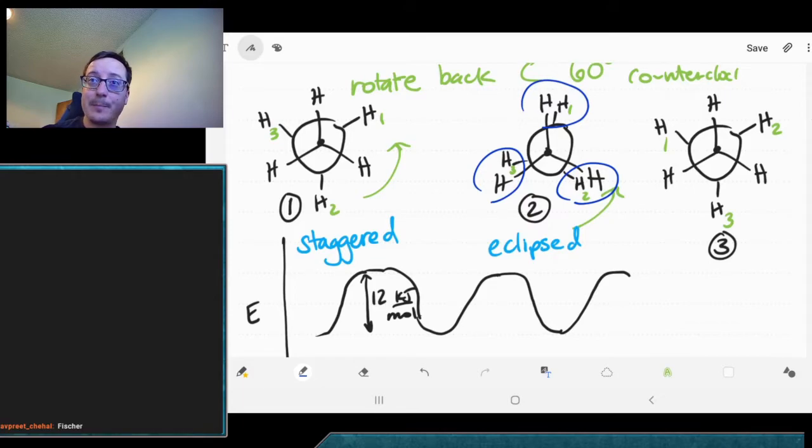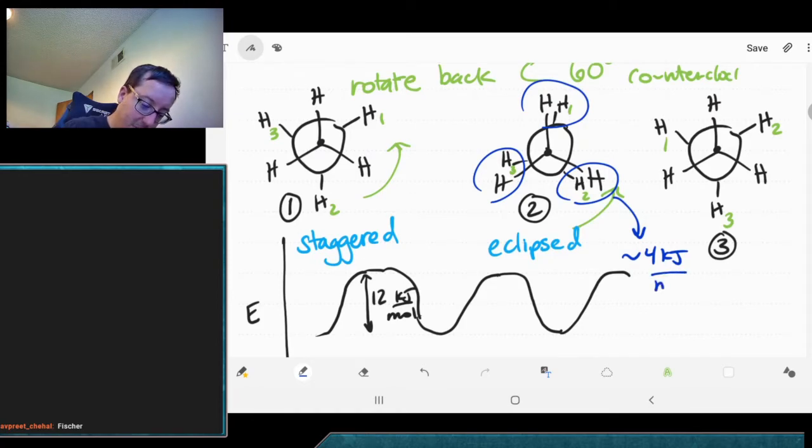That suggests that each bonking pair of hydrogens is about 4 kilojoules of energy to make those two eclipse each other. We'll see later on when we start replacing things that are not hydrogen with other things, we'll end up with different energy gaps. Again, I'm not going to make you memorize these or anything. I just want you to have an idea of the energy differences.